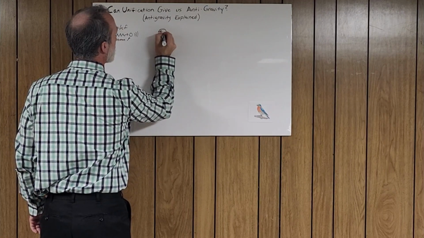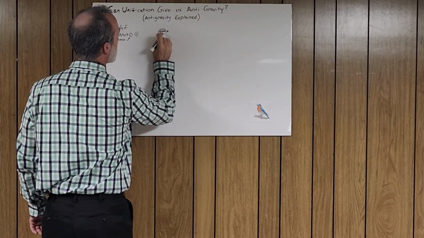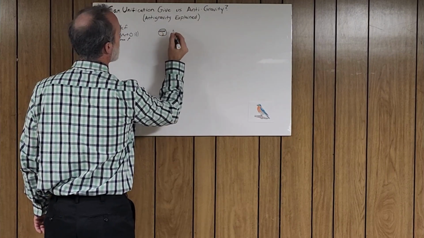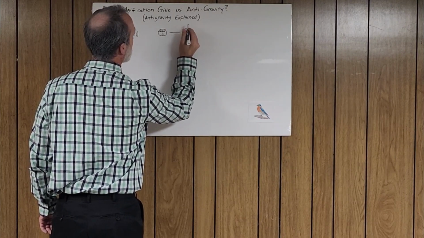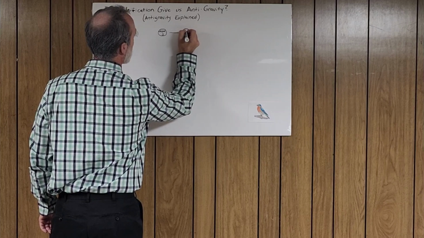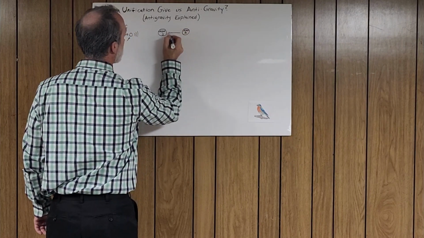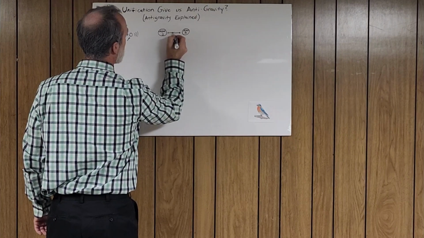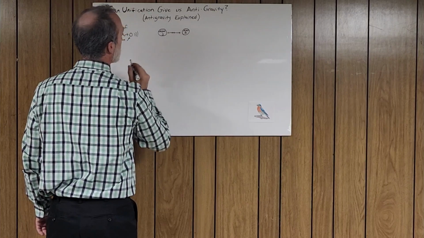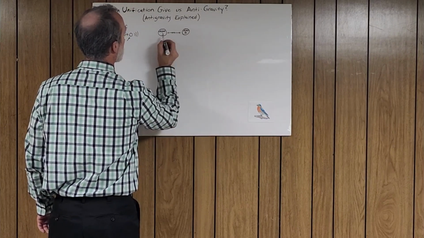We'll just write object one. It's not a very good one. And then object two. And it's the force between them.